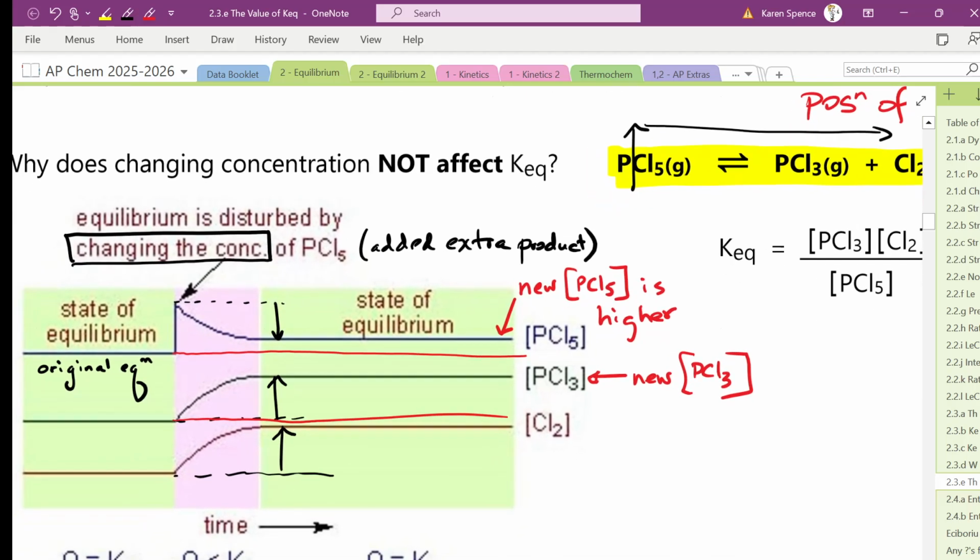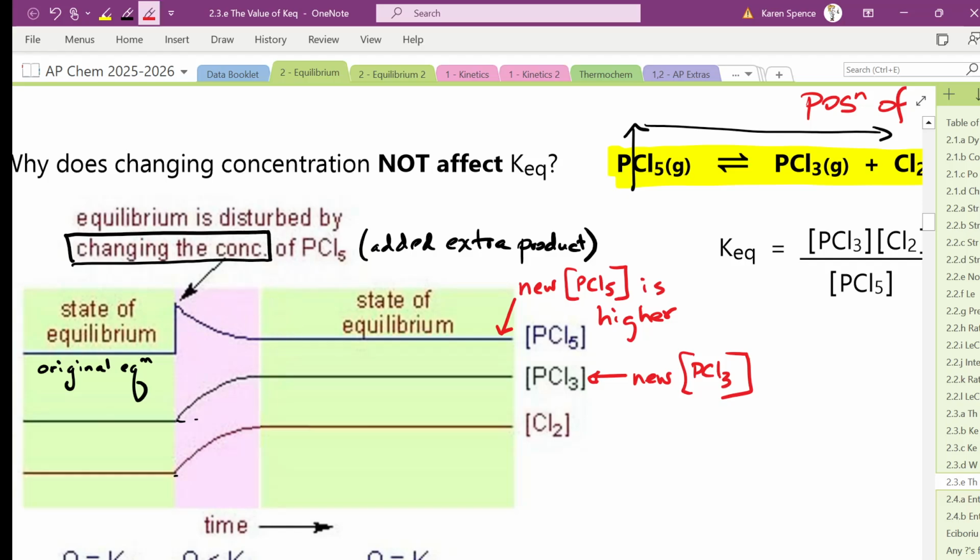Compared to our original equilibrium, is it higher or lower? Higher. I'm going to get rid of all my drawing because it's just making it messy. Okay? And the new concentration of Cl2 is higher.